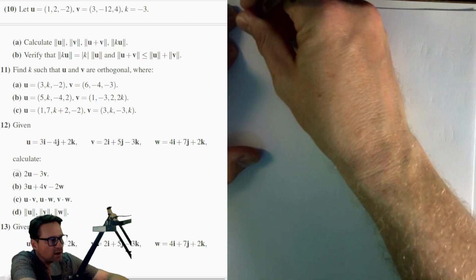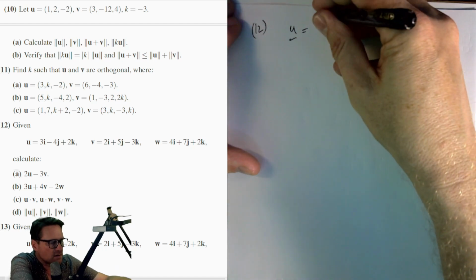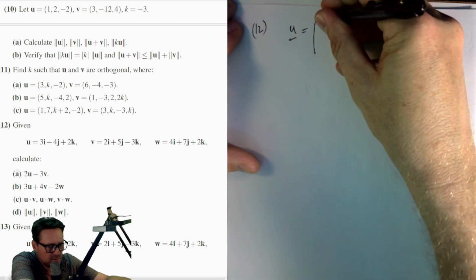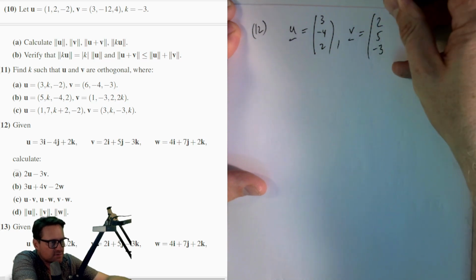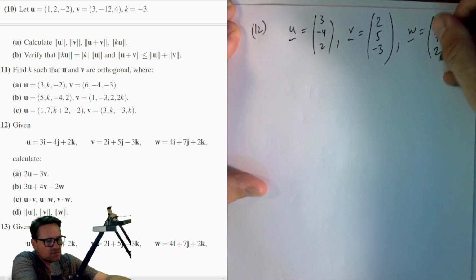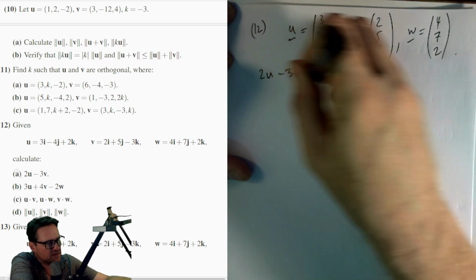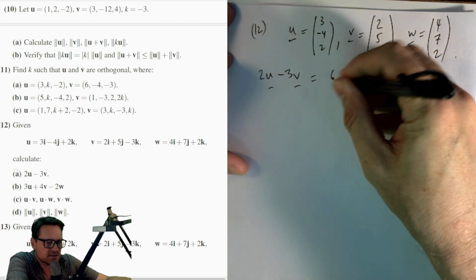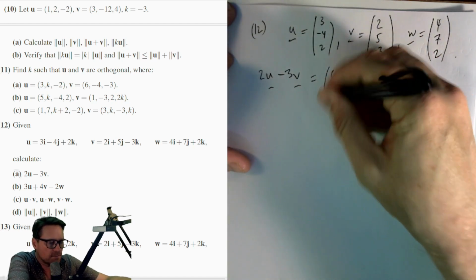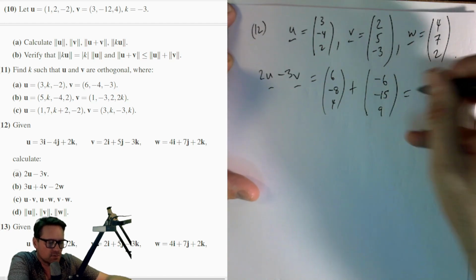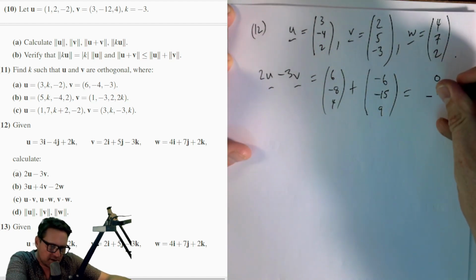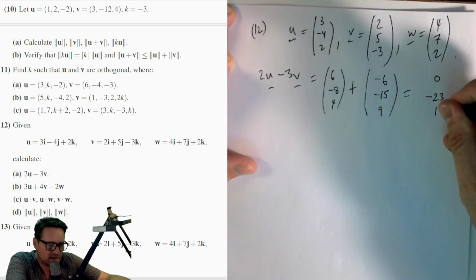Okay, question 12. So let's write these vectors as columns. That'll make things easier in my opinion. 3 minus 4, 2. And we have 2, 5 minus 3, 4, 7, 2. So 2u minus 3v is 6 minus 8, 4 plus minus 6 minus 15, 9, which is 0, minus 23, and 13.